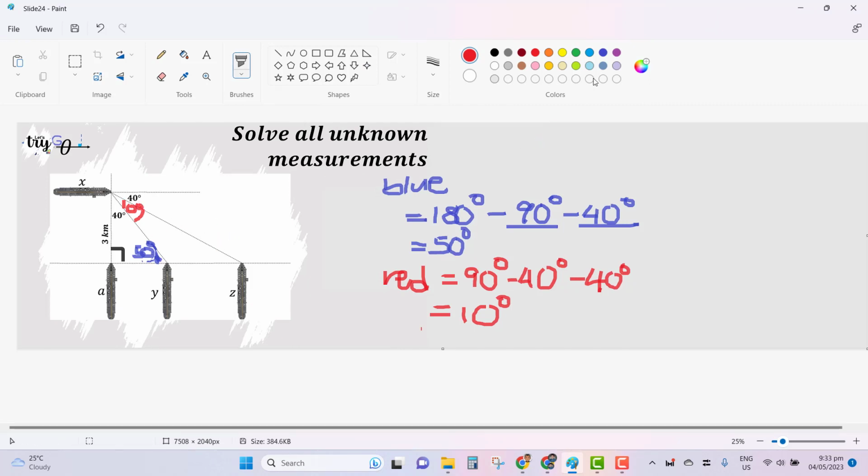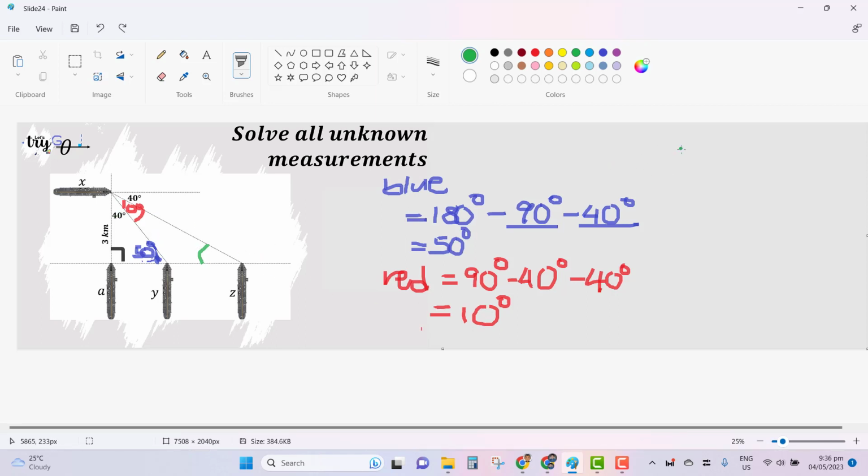Now, finally, let us solve for this given angle here, which is now an angle of the larger right triangle from X to A to Z. That's a larger 90-degree right triangle. To solve for this, we already have 90 degrees here, and the other angle for the larger right triangle is this, which comprises 40 degrees and the red colored angle earlier, which is 10 degrees.